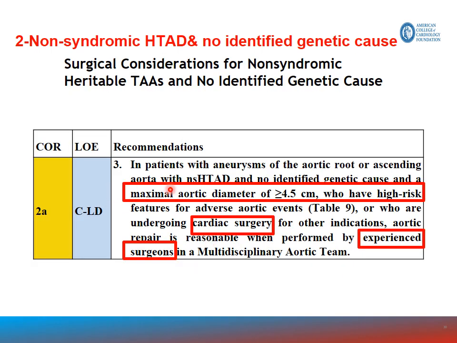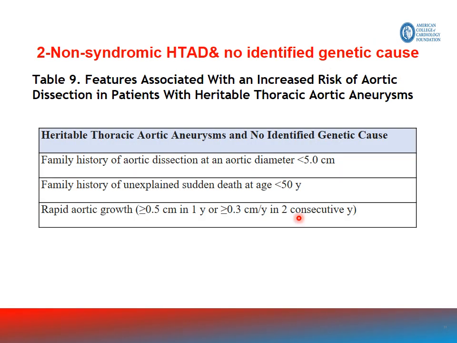While if the patient has high risk features for aortic dissection, the cutoff value will be lowered to 4.5 cm or more, or for patients who are undergoing cardiac surgery for other indications, we will use the same cutoff value, which is 4.5 cm or more, provided that the surgery will be performed by an experienced surgeon in a multidisciplinary aortic team.